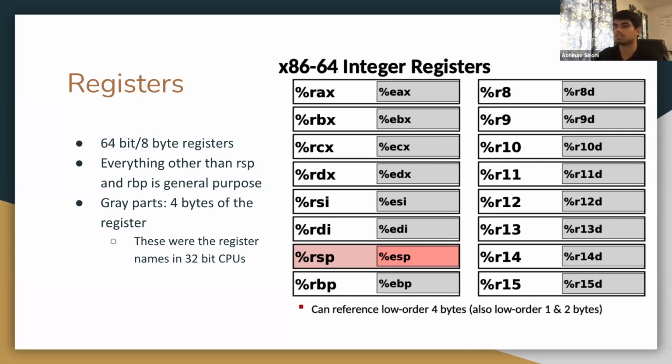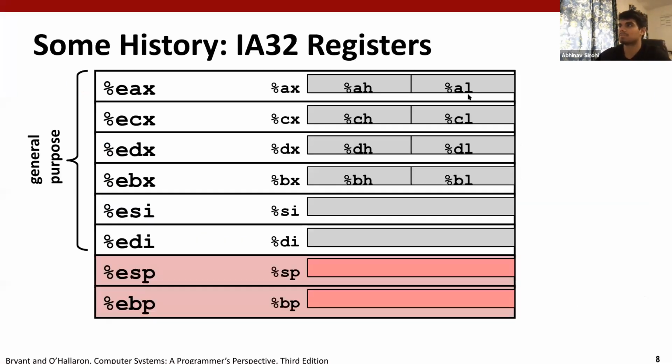You can also access the tinier portions of the register if you need to. If you just want to use the first 4 bytes of RAX, you could just refer to EAX. This comes from the 32-bit registers that we used to have before, and we still do in many computers today.